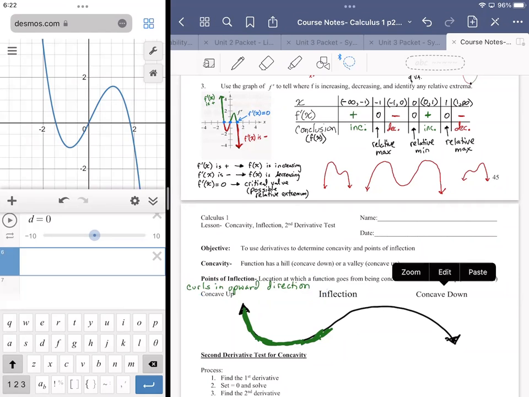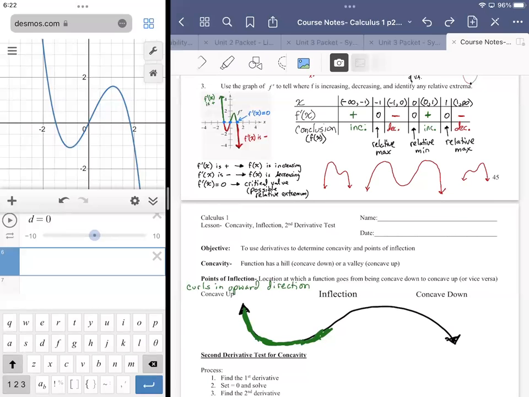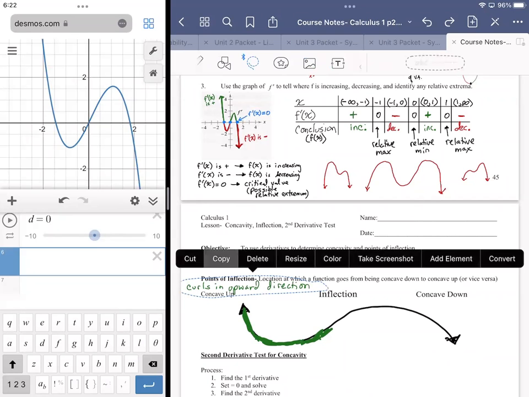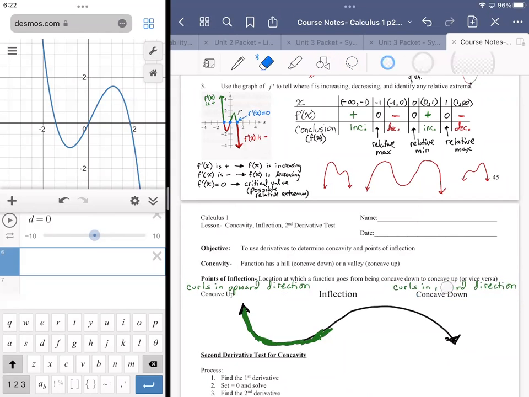Any graph that curls in, you guessed it, a downward direction is going to be considered concave down. Right. So curls in a downward direction. Let's get that change made.